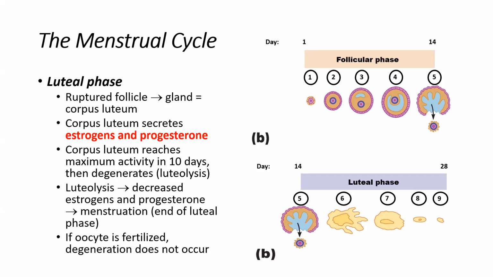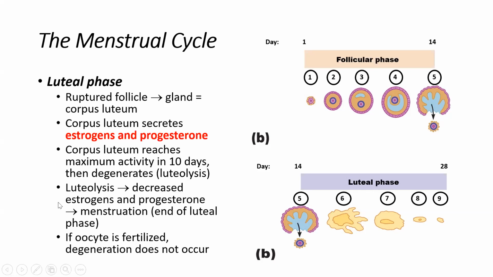Now, if there isn't any implantation, because there isn't any fertilization, then the corpus luteum will eventually begin to degenerate or regress. We call this process luteolysis. If there aren't any hormones to keep the corpus luteum alive or in its full structure, then it will eventually regress, and that will trigger the shedding of the uterine lining, or menstruation, or bleeding.